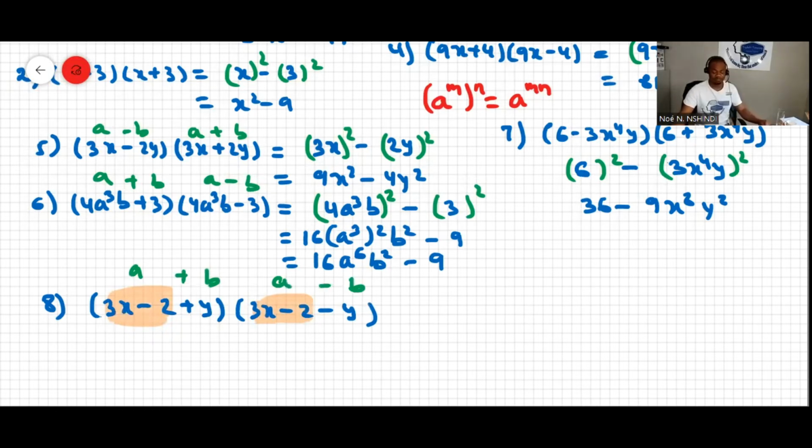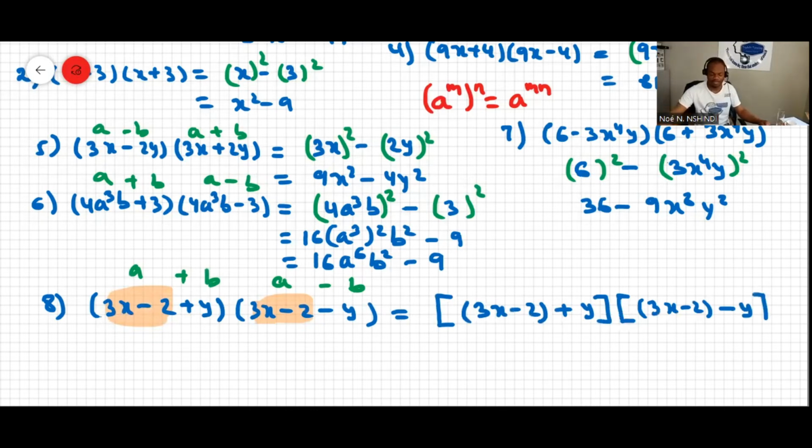okay? Sometimes someone may prefer to rewrite this this way. You can use square brackets and write 3x minus 2 in the bracket like that, plus y, and then another square bracket for 3x minus 2 minus y.